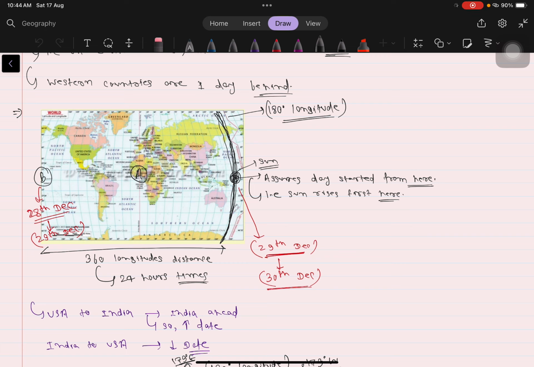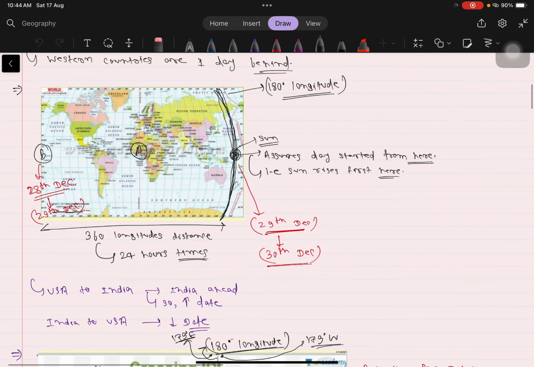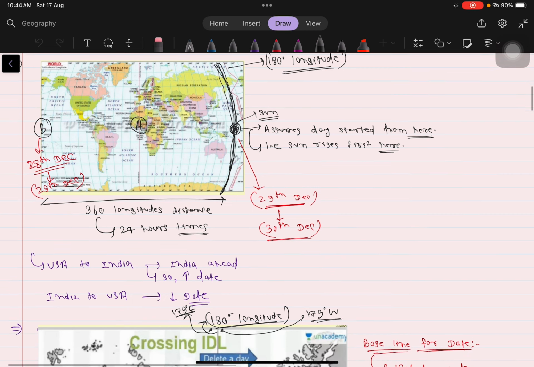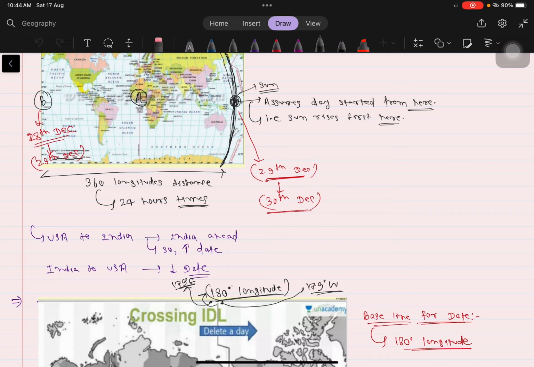That is, when Earth rotates from west to east, sunlight falls later on the western country. So at this 180-degree line, when here it is 29th December, then at point B, the western country, it is 28th December, and when here it is 30th December, then there it is 29th December. This is the main reason for the variation of date on the earth.